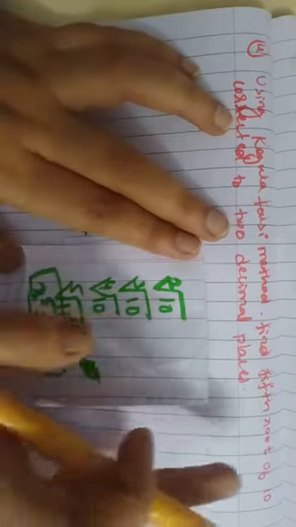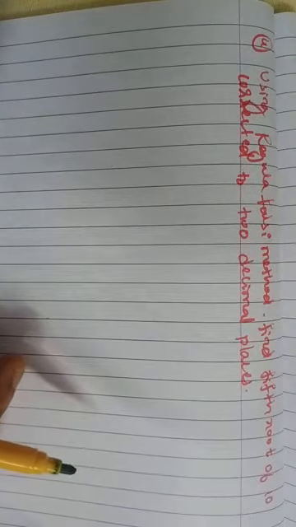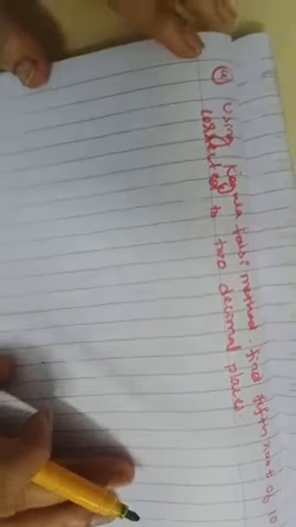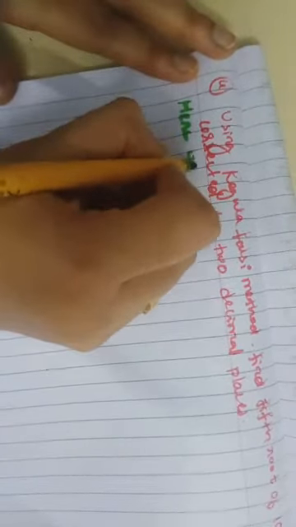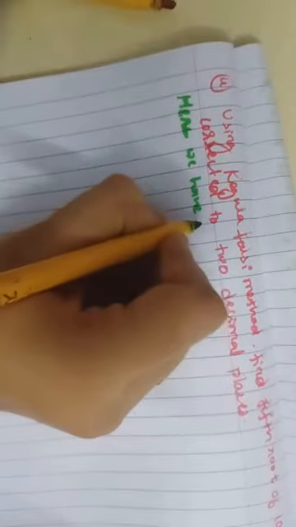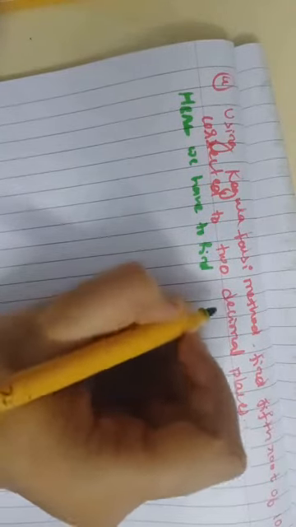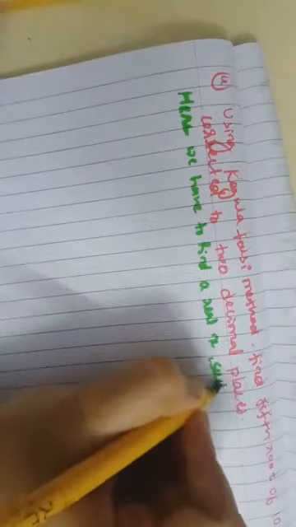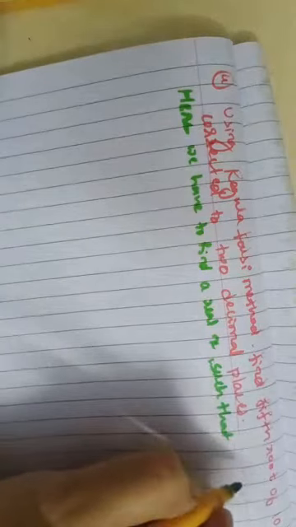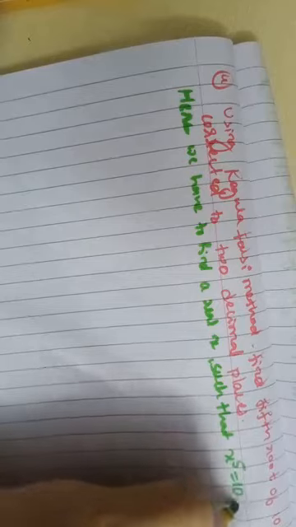That will be my f of x. So first we have to convert the given problem into an equation in the form f of x is equal to 0. Let us write here: we have to find a real number x such that the fifth root of 10, that is x to the power 5, is equal to 10.